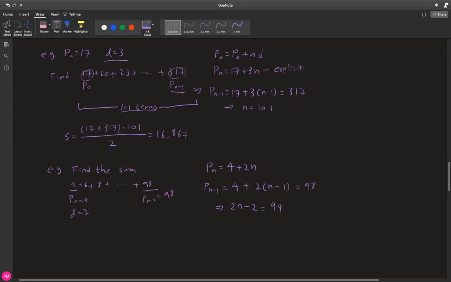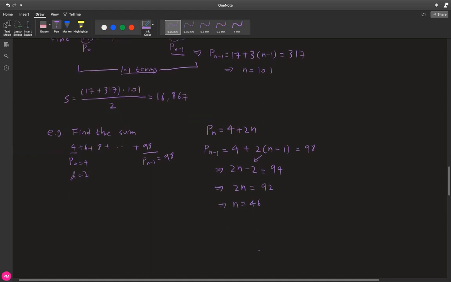Here I skipped a little step: to get from here to here, I just distributed the 2 on each term. And you end up with 2n equals 92, and hence we know that n equals 46. So this tells you that there are 46 terms in the sum.